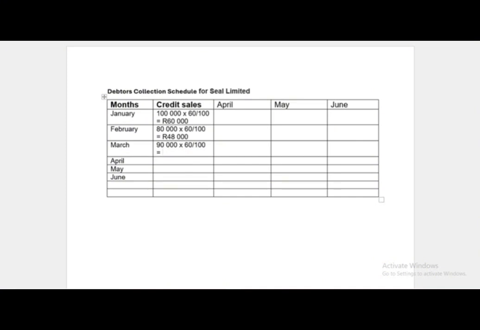Quickly put that on your calculator. So it's going to be 90,000 multiplied by 60 divided by 100, and then I got 54,000 rand. 54,000, right?